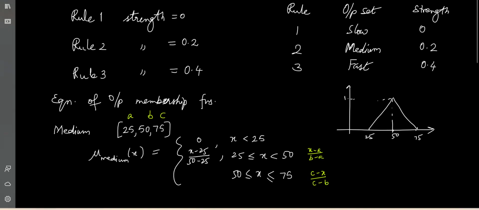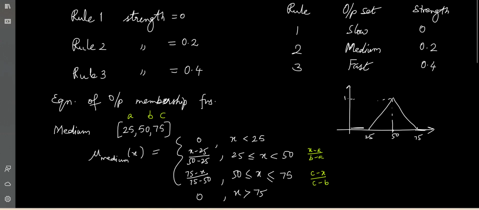Now c is 75 here, so (75 minus x) upon (c minus b), which is 75 minus 50. Okay, and finally when x is greater than 75, it is 0, right? For the medium category, it is 0 here, it is 0 here. Okay, so this is the membership for the medium category in this case.